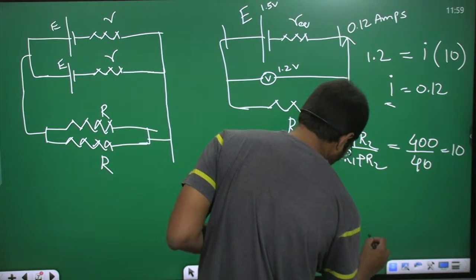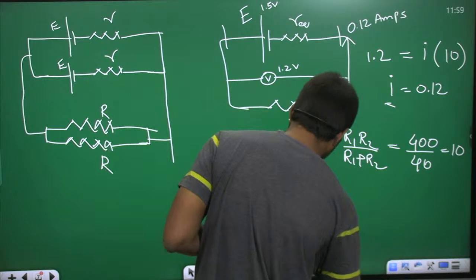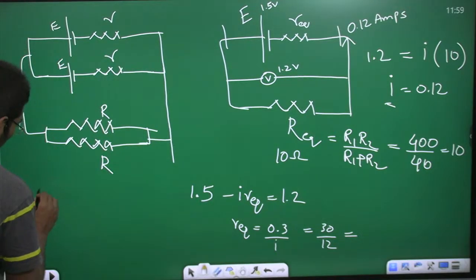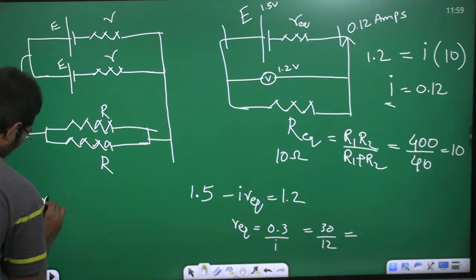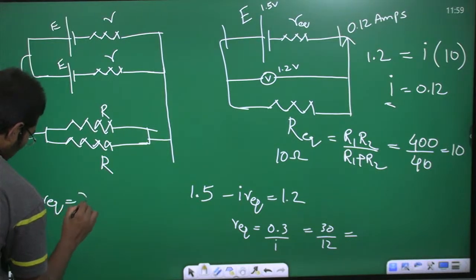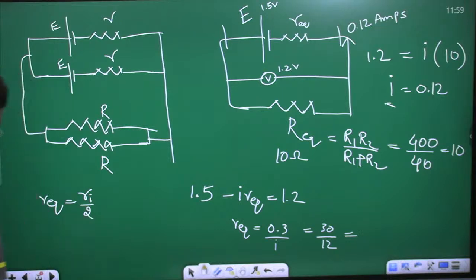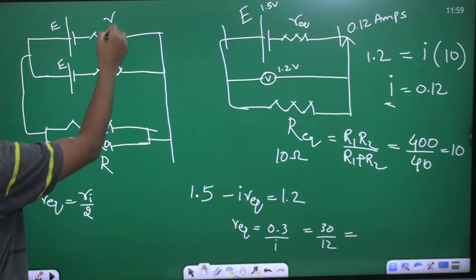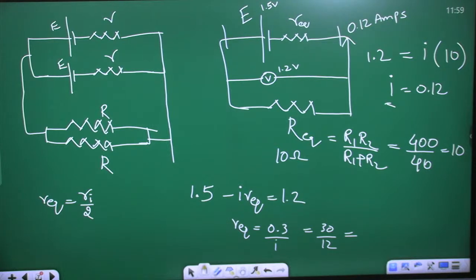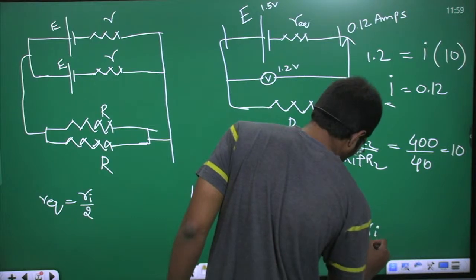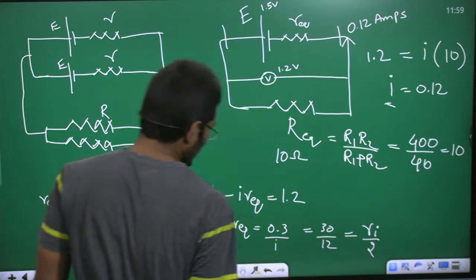So what is this R equivalent? We have two r's in parallel, so R1 R2 by R1 plus R2 gives R equivalent equal to r by 2. So which is equal to r by 2. So 30 by 6.